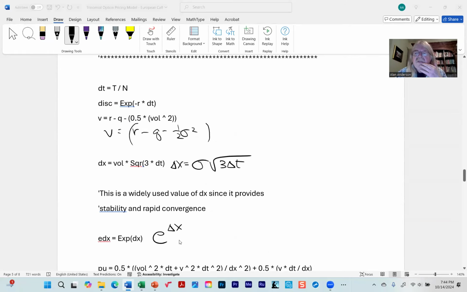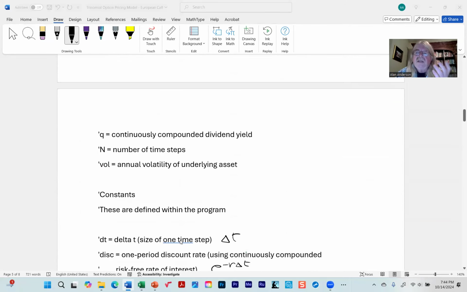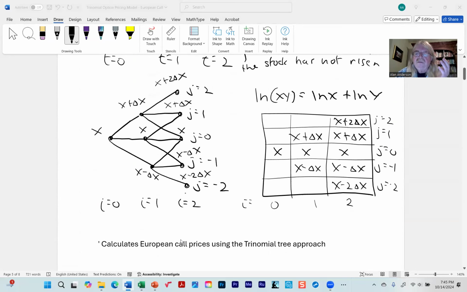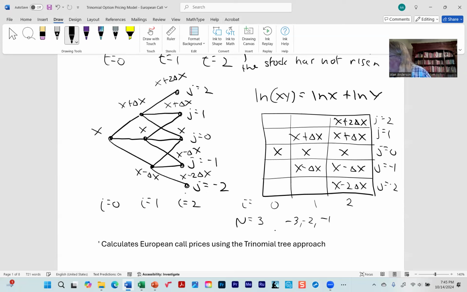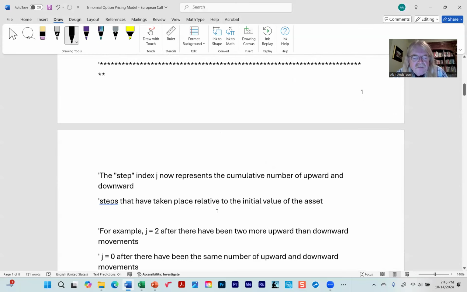So if we have 3 time steps, the dimensions will be -3 up to +3. So we're allowing for the tree to have that many rows and those columns. Let's go look at that one more time.